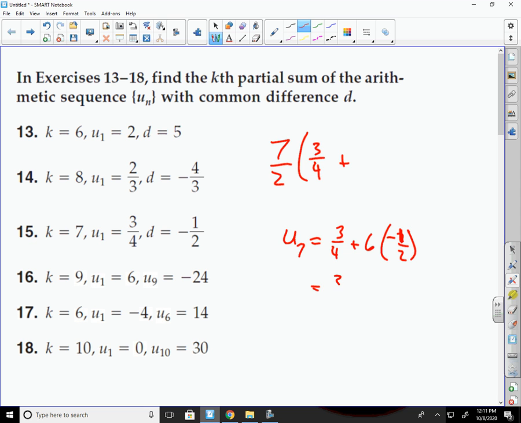That's going to give us 3/4 minus 3/2. I'm sorry, minus 3. In order to do that, we're going to make that 3/4 minus 12/4 gives us negative 9/4.